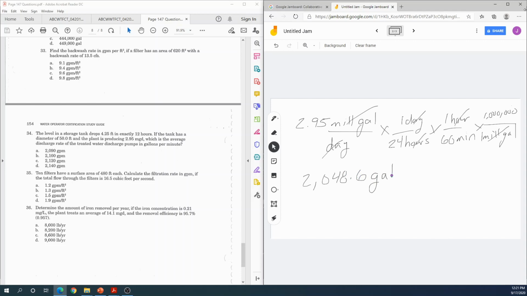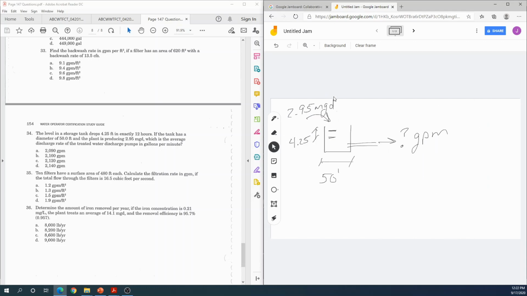gallons per minute. So if we go back to our sketch here, our 2.95 million gallons per day is actually equal to 2,048 gallons per minute.